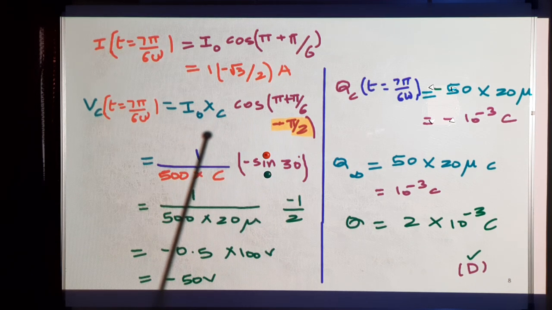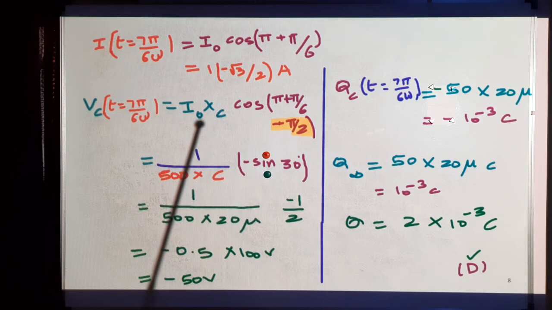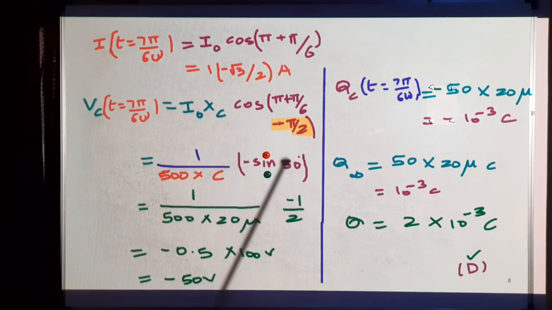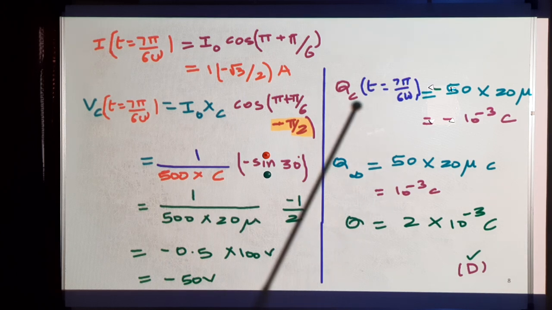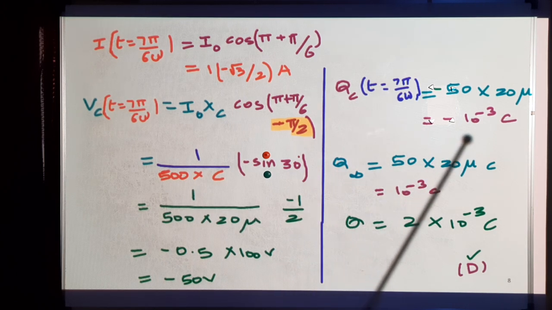Vm is Im into Xc, where Im is I0, which is 1, and Xc is 1 by omega C. This becomes sine of pi by 2 and then sine 30. In the second quadrant cos is negative, so it is minus. So this will be minus 50 volts just before the switch is thrown, and the corresponding charge will be minus 1 millicoulomb.